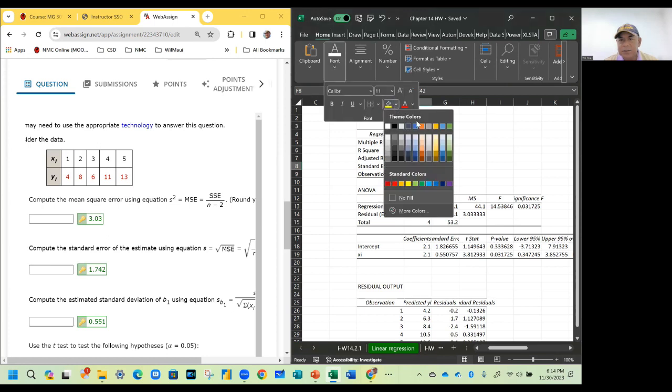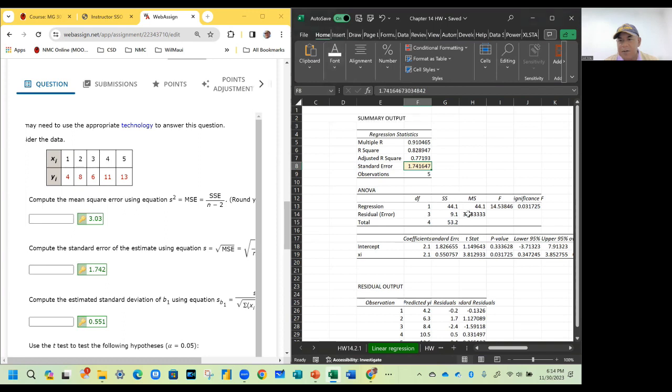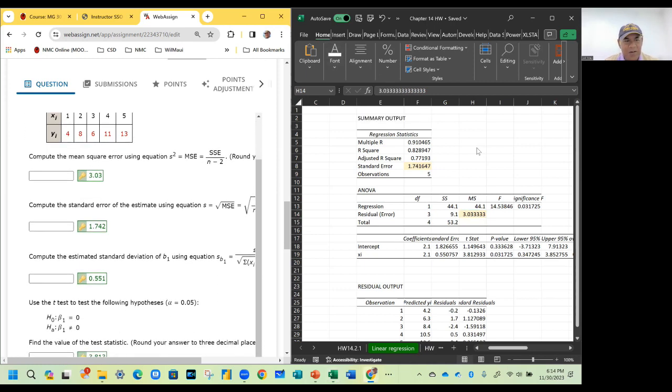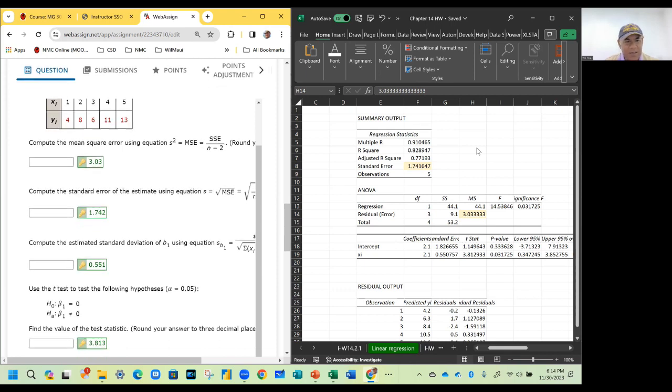That's your standard error. Then your mean square error. Yeah, mean square error, standard error, and then what else?